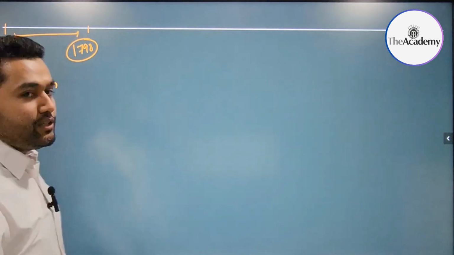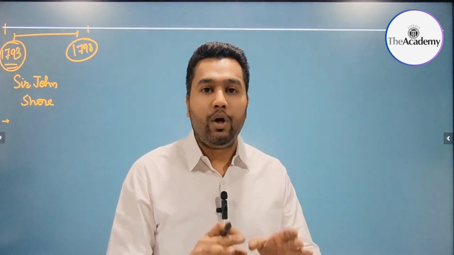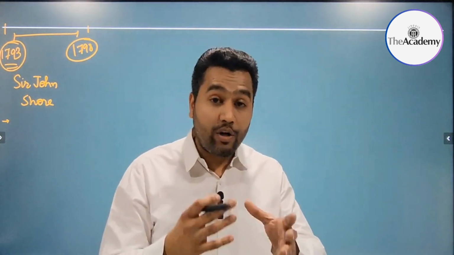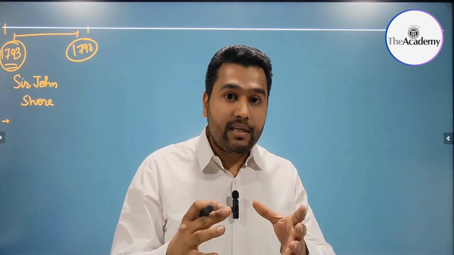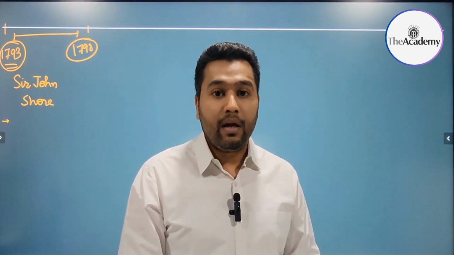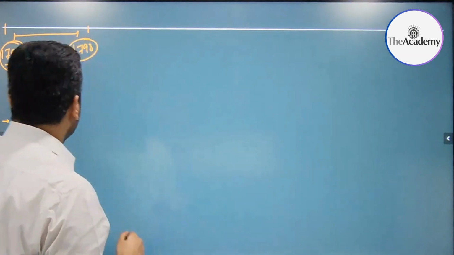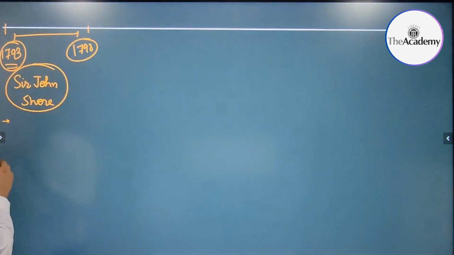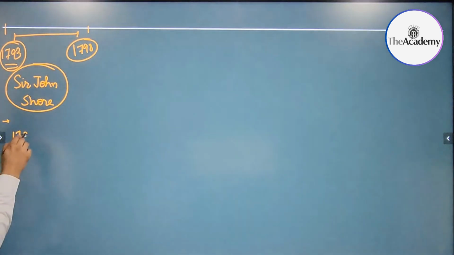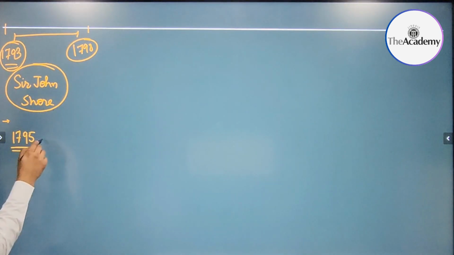Now, Sir John Shore is known for carrying forward Lord Cornwallis' policy of non-interference and masterly inactivity. And during John Shore's time period was the famous Battle of Kharda in 1795.